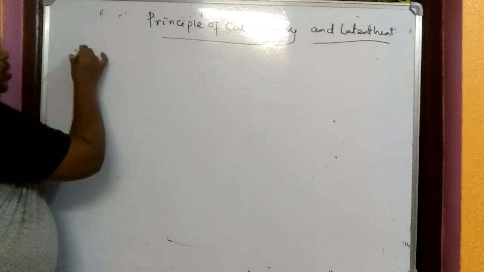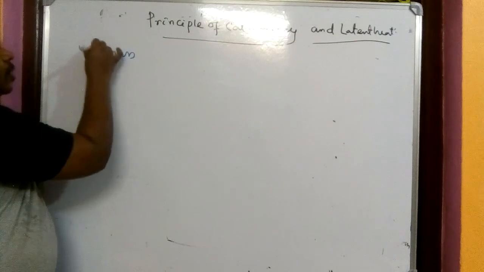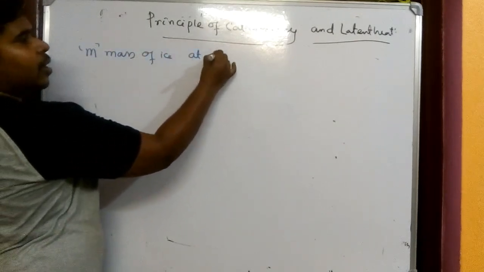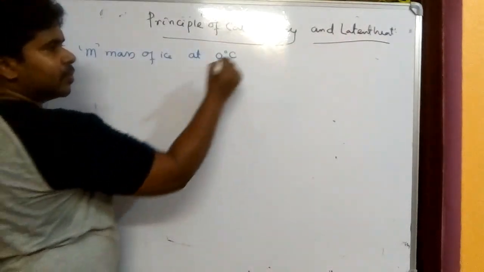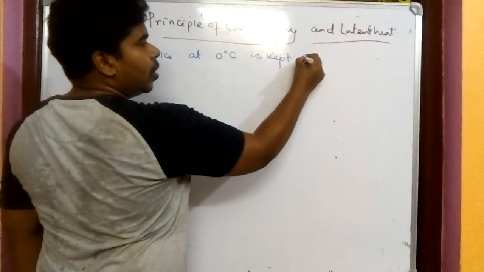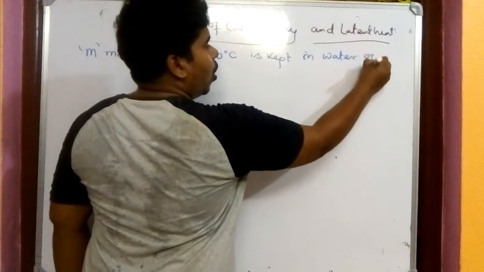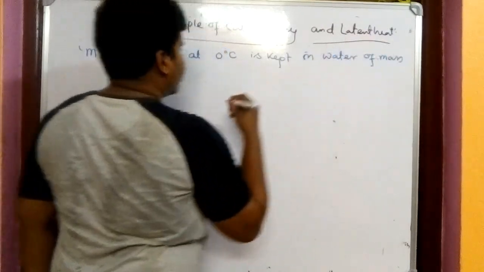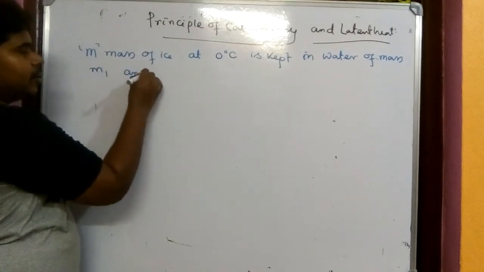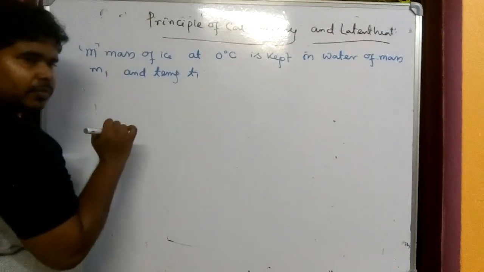Assume m mass of ice at 0 degree centigrade is kept in water of mass m1 and temperature T1. Okay.